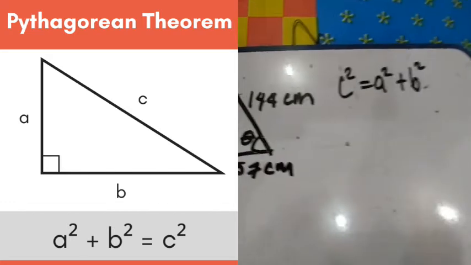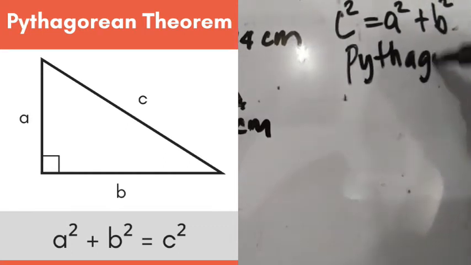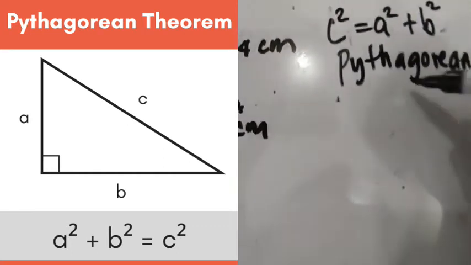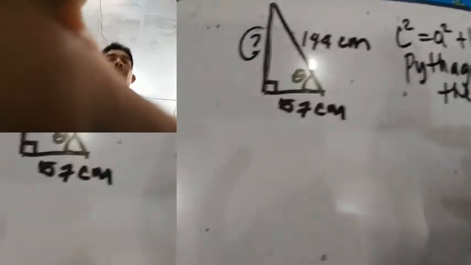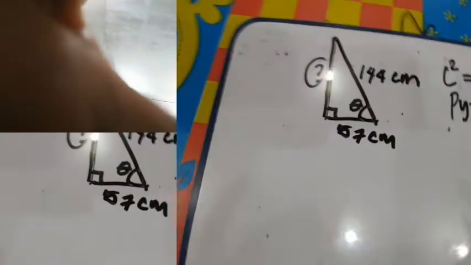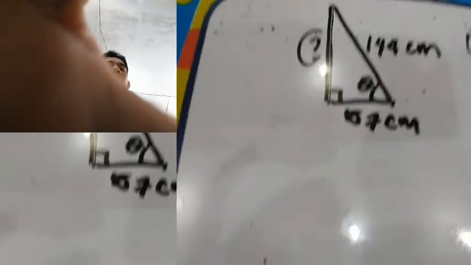That is our Pythagorean theorem. And then to solve for the angle, we're going to use the tangent function.